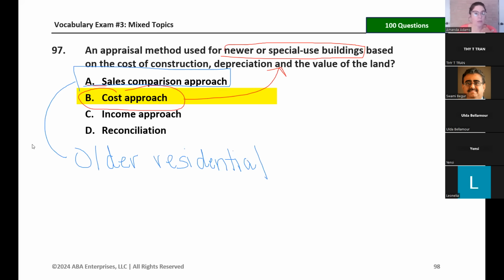And then the income approach, the last approach to value, is used when we look at rent, where your rent and expenses determine your value. So that would be in large income producing properties like apartment buildings, shopping centers, strip malls. Make sure you know the 3 different approaches to value and the differences in them.